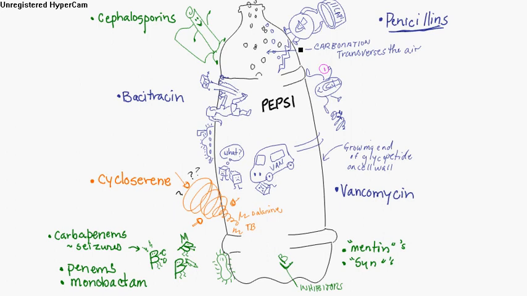Go up here to penicillin. We've got a few different varieties. We've got the V, penicillin V, and just penicillin G mainly. It interferes with the synthesis of peptidoglycan. So there's the cap that's interfering with peptidoglycan, or Pepsi.